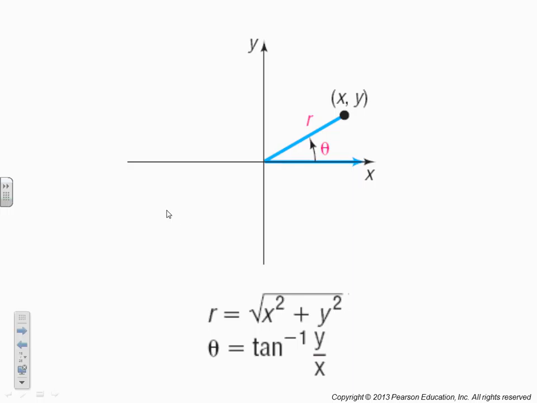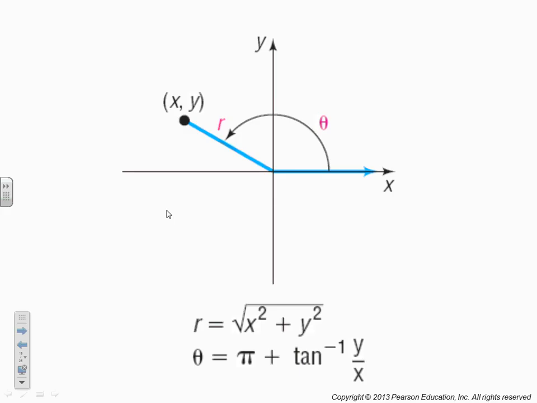All right, so if you're in quadrant 1, your r value is the square root of x squared plus y squared, and theta is inverse tan of y over x. If you're in quadrant 2, your radius is the same, square root of x squared plus y squared, but your theta is pi plus whatever you get out of your inverse tan.